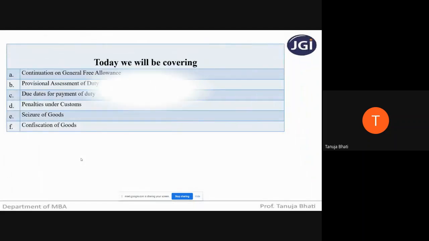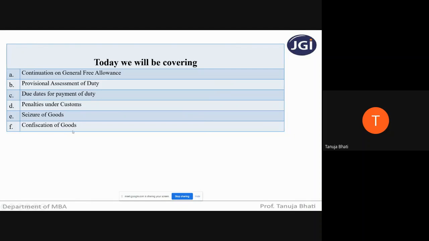So in today's session, we will be covering the continuation of general free allowance, which we had left a little part of in our previous lecture. Then we will cover provisional assessment of duty, due dates of payment of duty, penalties under customs, seizure of goods and confiscation of goods.